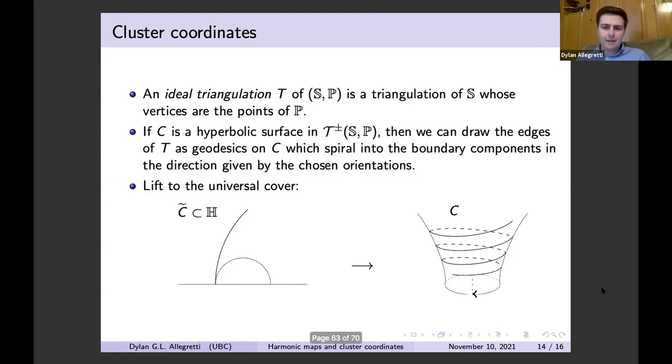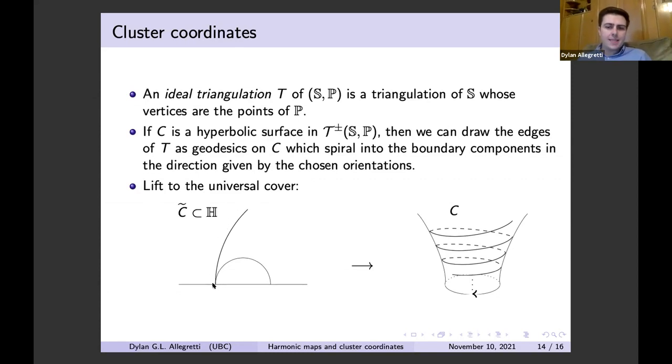So on the right-hand side of this picture, you can see what I'm talking about. You see a curve here that is spiraling into a boundary component of the surface C. So that curve is meant to be an edge of this ideal triangulation. And one way to understand concretely what I'm talking about here is to lift to the universal cover of the surface. And in the universal cover, what it looks like is a geodesic that is asymptotic to a point at infinity.